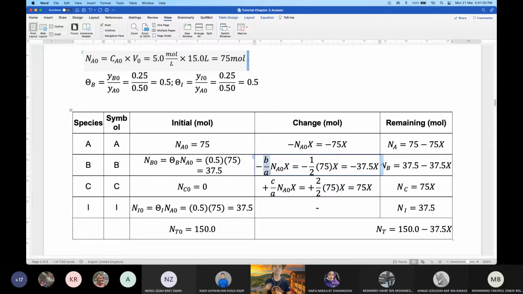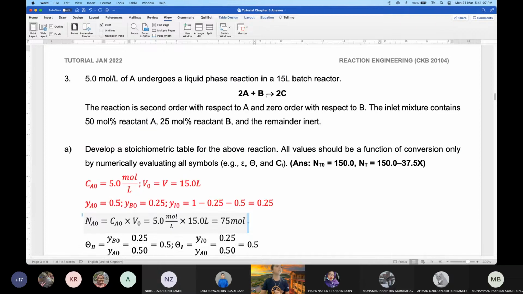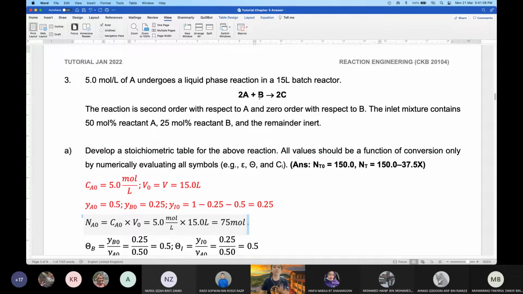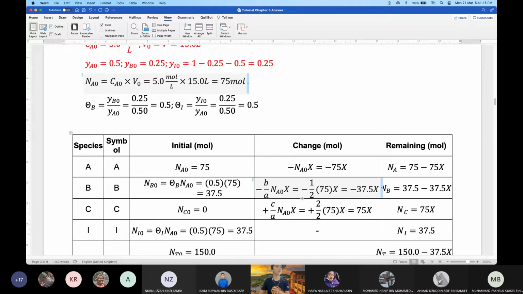So don't forget what's B per A? The stoichiometric coefficient. Okay, you have to look at the chemical equation, tengok untuk tahu berapa B per A dia. So in this case, the B per A is 1 over 2. Okay, so negative 1 over 2 multiply with your Na0 75 multiply with your X, you get negative 37.5X. So basically that's how much your B will be consumed in the reaction.